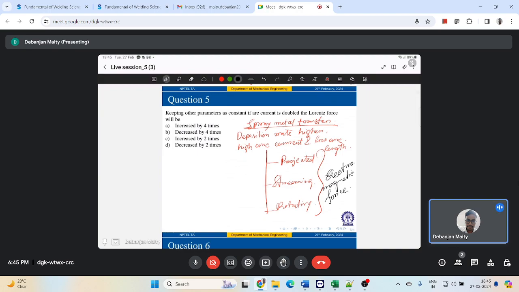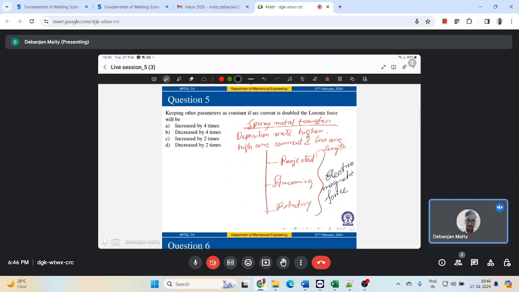Now, how can you characterize projected spray metal transfer? You will have small droplets, maybe close to electrode dia or somewhat less than electrode dia. So your droplet size will be very small, and will transfer from your electrode tip to the weld pool. Then the spatter loss will be very less.